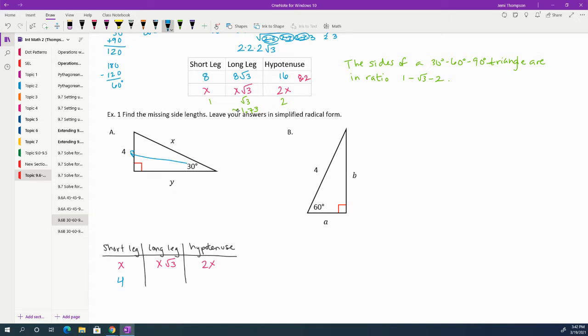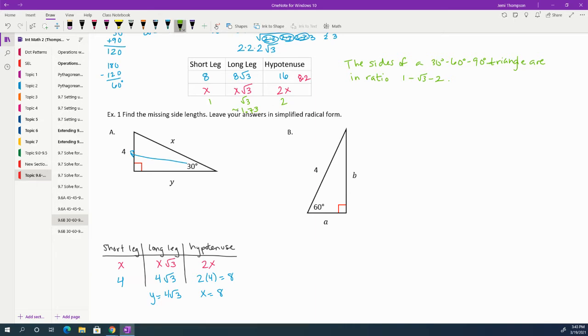In this case, this is not too bad to plug in. So what is the long leg? 4 square root 3. And what is the hypotenuse? This is 2 times 4, which gives me 8. Okay, so I could determine that, this is called y, right? y is 4 square root 3, and x is 8. Great.